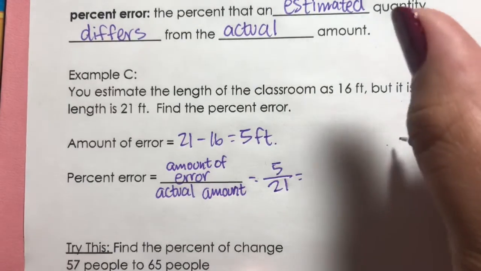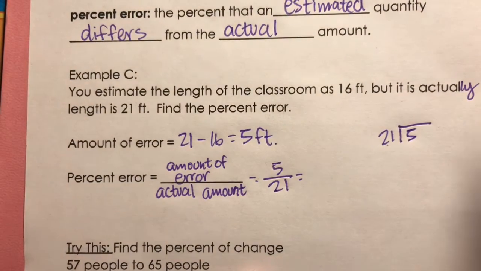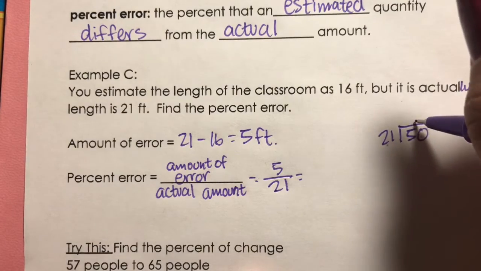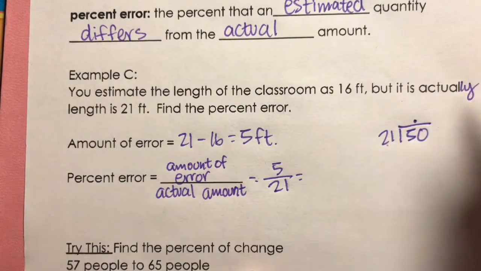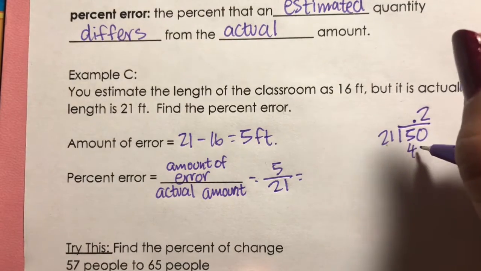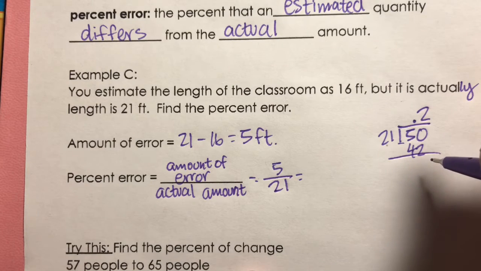So we got to divide 21 into 5. So 21 can't go into 5, so we got to put a 0. Put the decimal up. 21 goes into 50 2 times. 2 times 21 is 42. 50 minus 42 is 8.